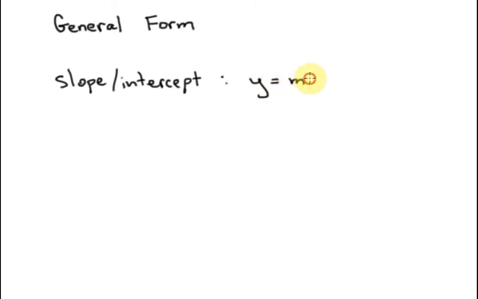Y equals mx plus b. We really like this form because there it is. It tells us the slope, and over here this number is where we cross on the y-axis, also known as the y-intercept. So that's a really good form and a form we already know quite well.